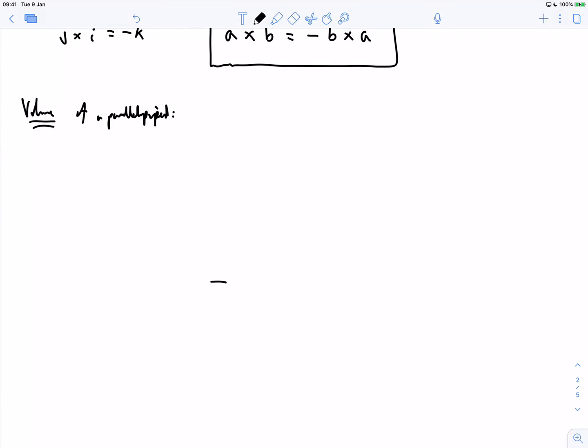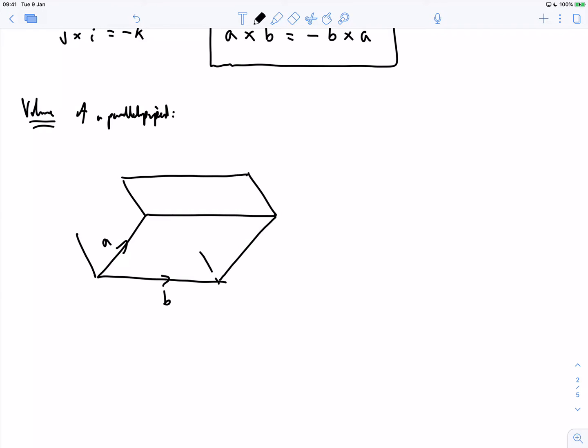So if I've got, let's say, a parallelogram looking like that, where this vector is B, this vector is A, and let's suppose I've got another vector pointing out like that, where from here to here is C. So let's say the vectors A, B, C are popping out and forming this parallelepiped, then the volume of this parallelepiped would be A dotted with B cross C. And the way you do that is you evaluate the cross product first. So do this first, and then whatever that result is, dot it with A.